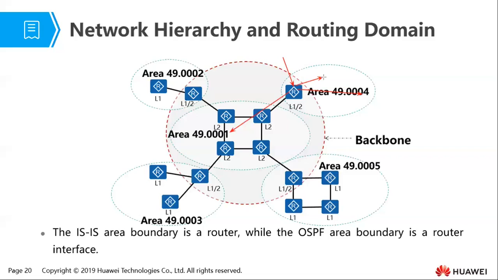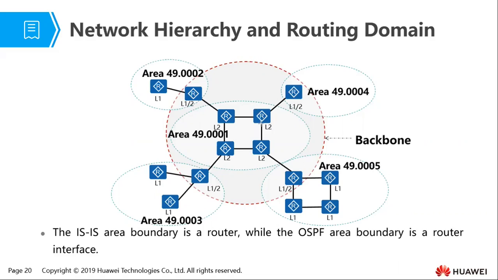You remember I mentioned the ATT field in the previous slide. So anytime it's sharing an LSP within a level 1 area, it's going to set the ATT bit to 1. So that is important.